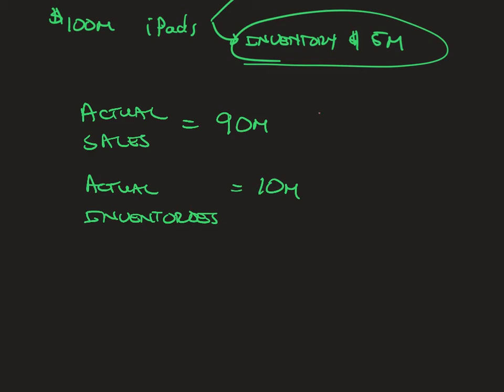So what does this mean for investment? So instead of planned investment being physical capital plus 5 million, it is the same physical capital, whatever they built on their warehouses is going to persist, plus 10 million.